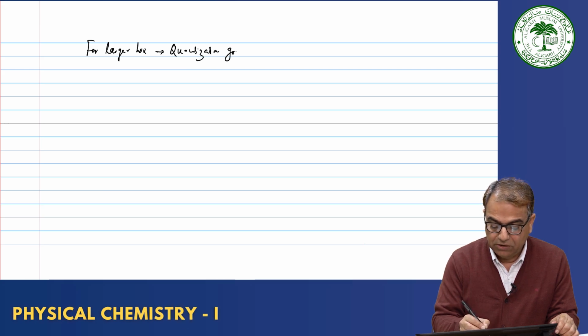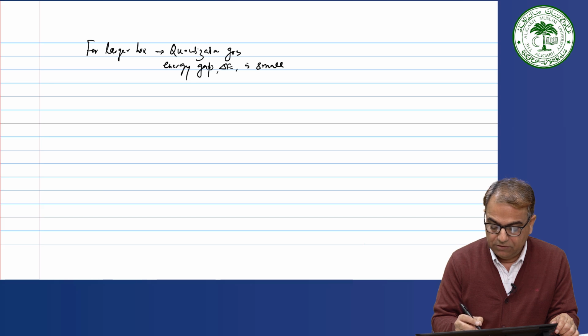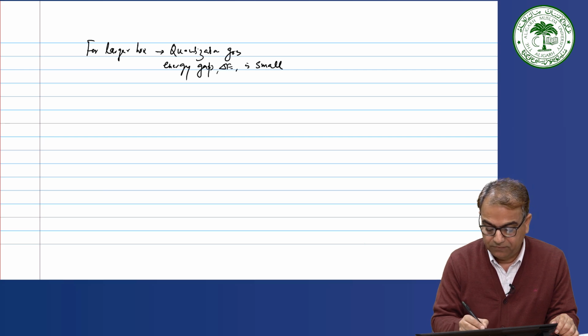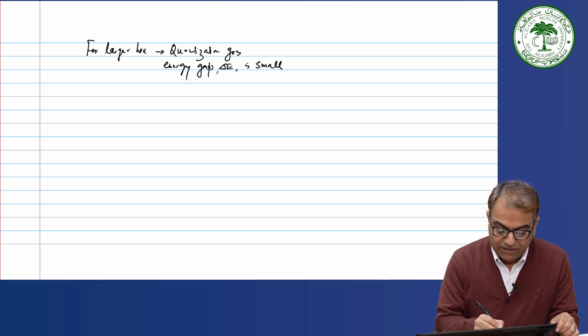Quantization goes, energy gap delta E is small, okay, and instead of discrete energy levels, we have energy bands, okay.